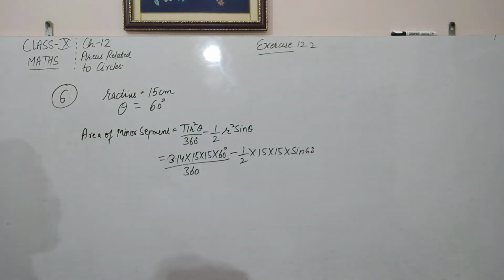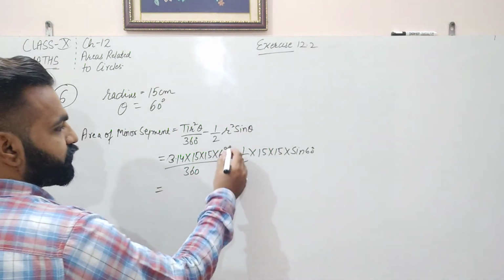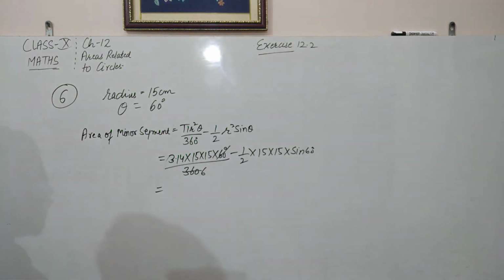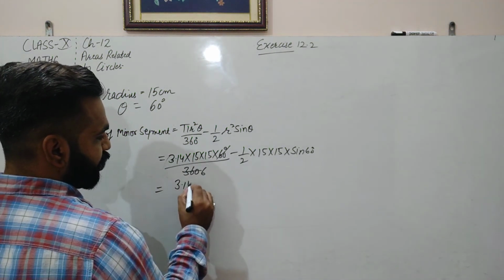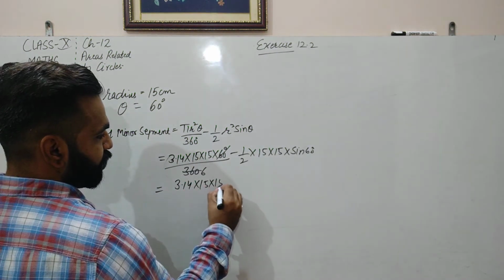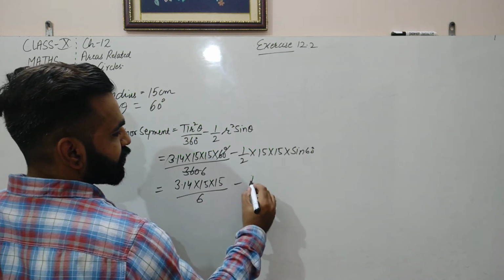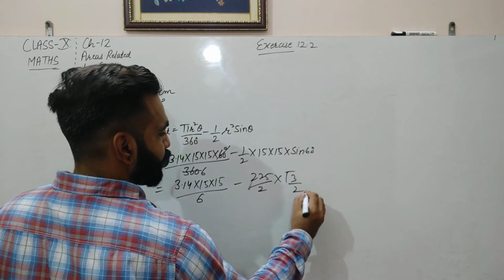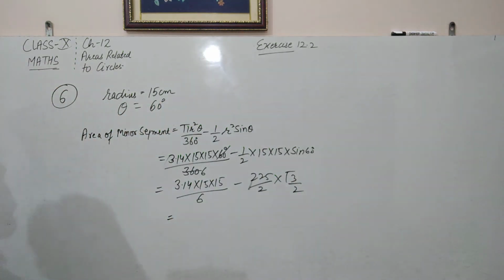Now we have to put the value of sine 60 here because it is given in the question. So this will be 6. So after evaluating, this will be 3.14 into 15 into 15 by 6 minus 225 by 2 into root 3 by 2. Value of root 3 is 1.73.